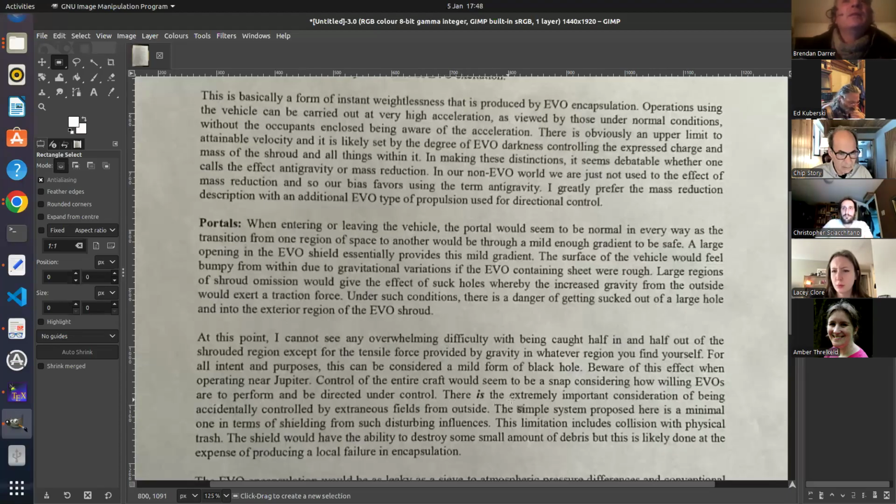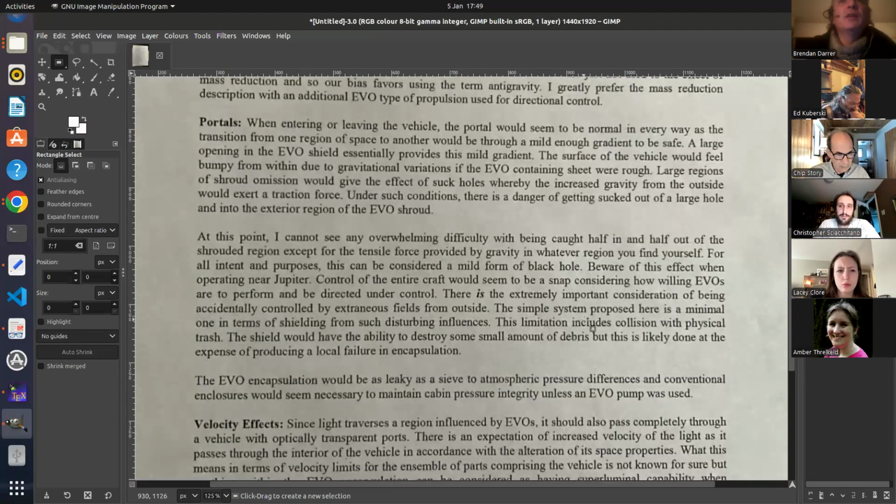There is the extremely important consideration of being accidentally controlled by extraneous fields from outside. The simple system proposed here is a minimal one in terms of shielding from such disturbing influences.